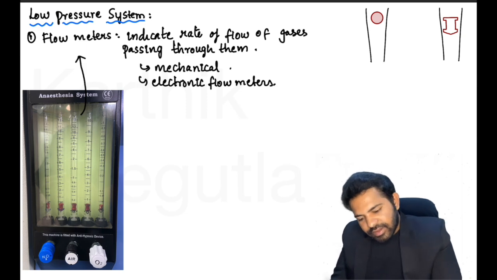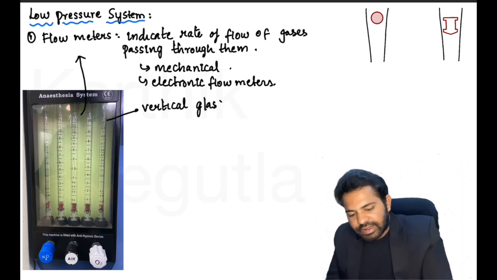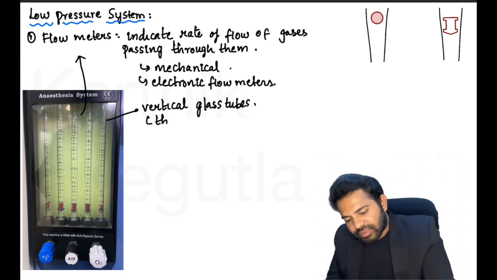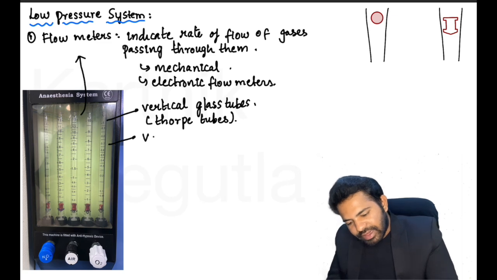Clear? So here you can see that they are nothing but vertical glass tubes. They are also known as Dorsch tubes. And these tubes are variable orifice tubes.